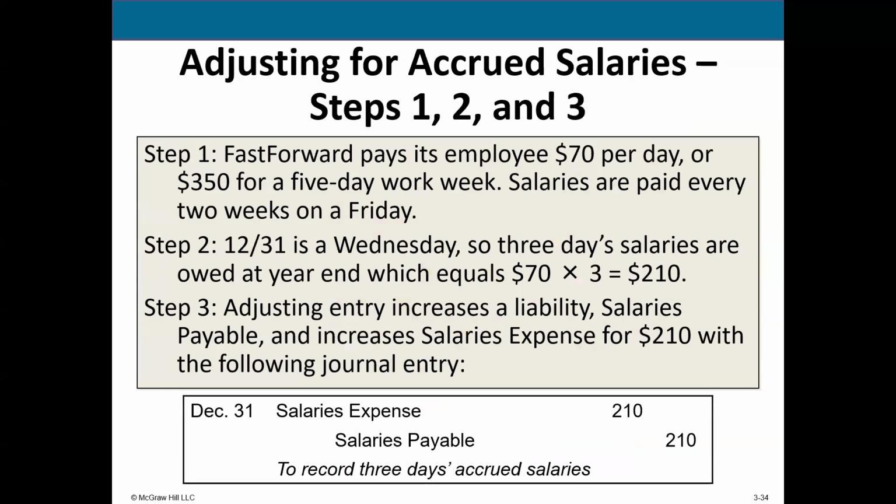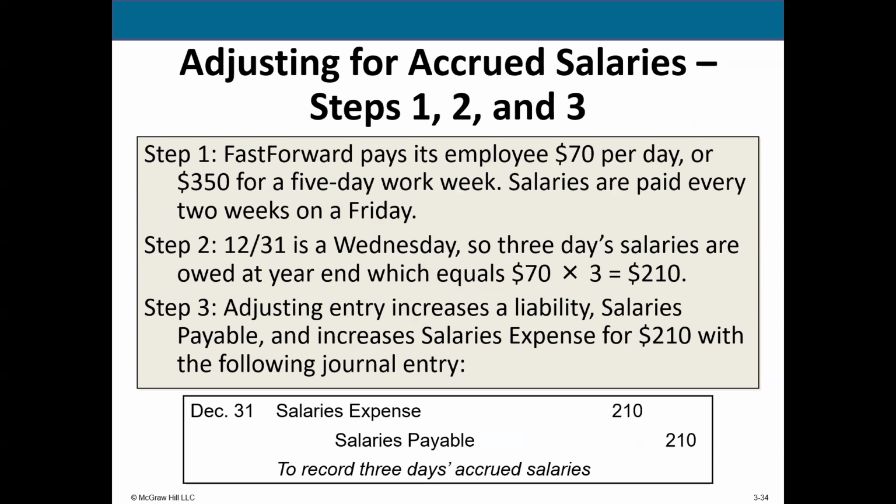So I'm going to walk through the most common one, which is wages. My employee worked for the 2 weeks or for the week. I haven't paid them yet. Here we are at the end of the year. Once again, my employee worked for the 5 days for that week. The year ended on Wednesday.